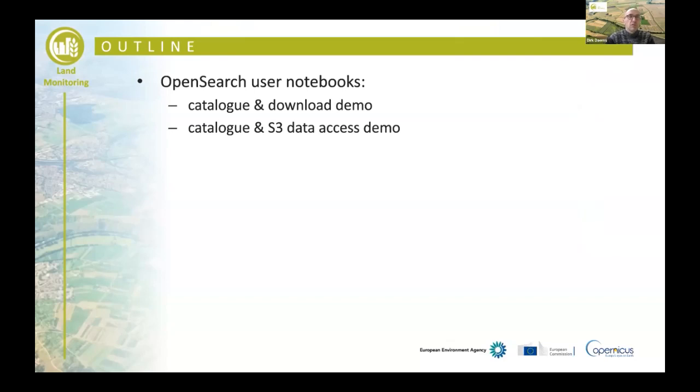The first one queries the catalog for products and downloads the data to the notebook environment, similar like Tim showed, using the HDA interface. And the second one is also a demo of the OpenSearch API, but then the data is directly accessed over S3.